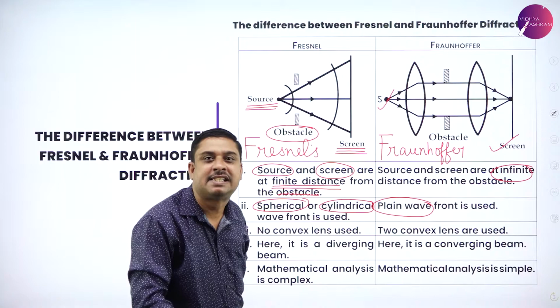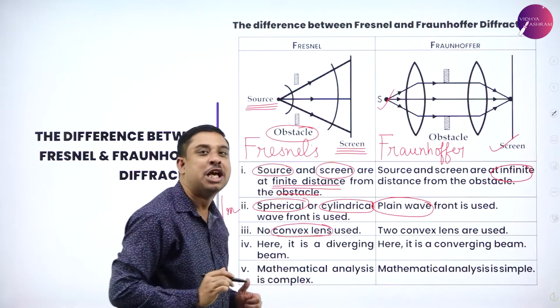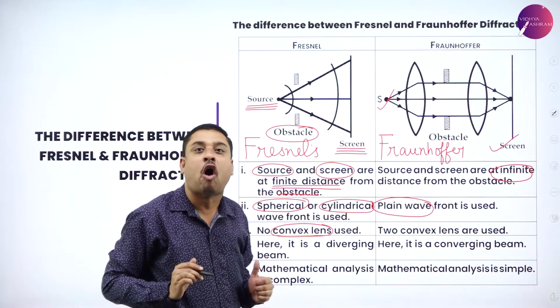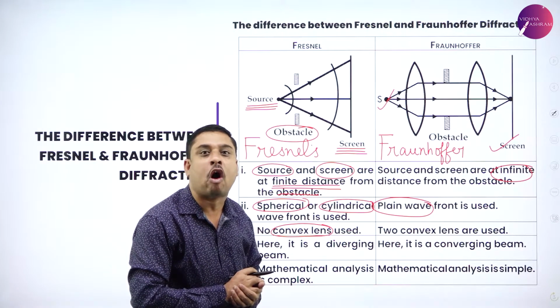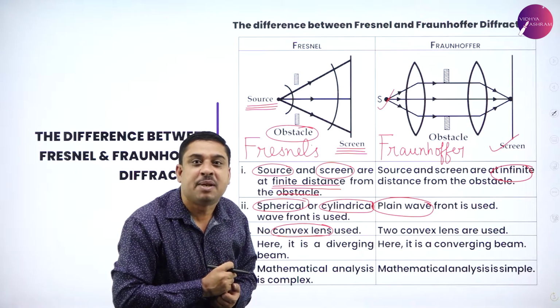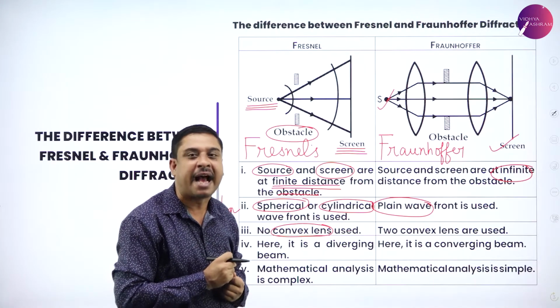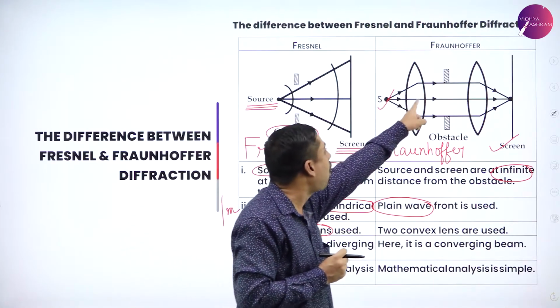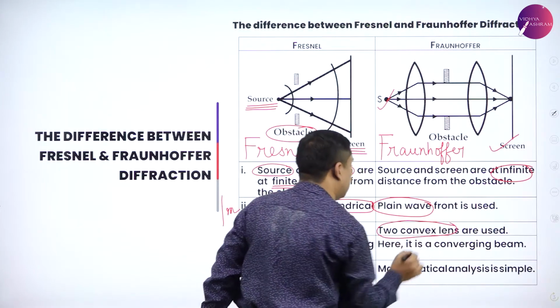So Fresnel's diffraction does not involve the usage of convex lens. Whereas Fraunhofer, 2 convex lenses are used.